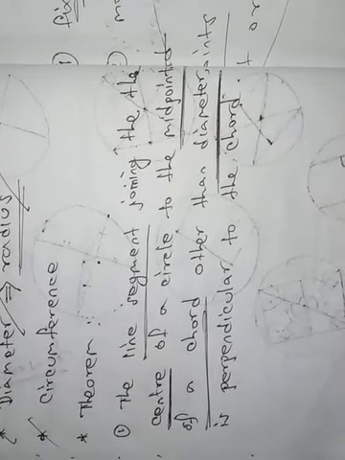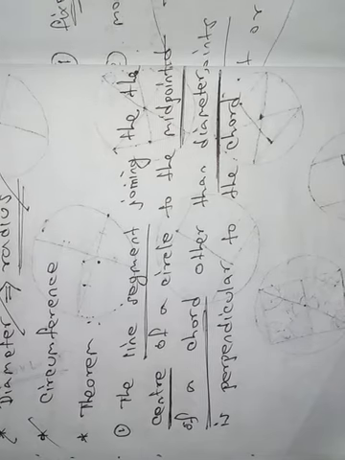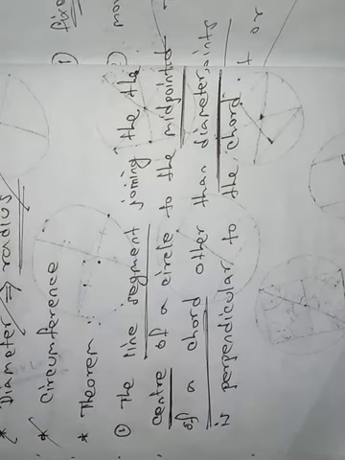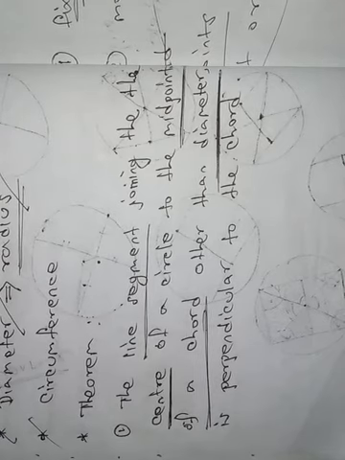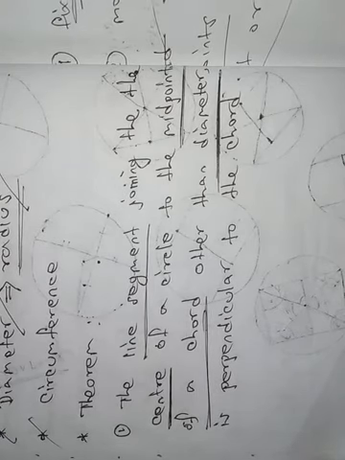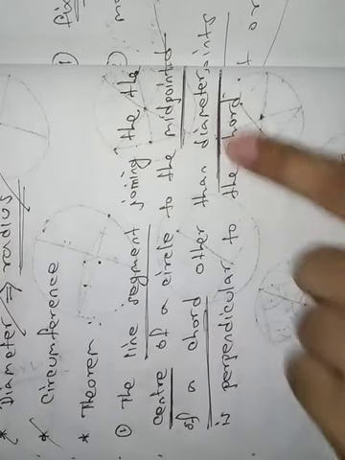We have seen so far that every chord is not a diameter, but every diameter is a chord. So we have to choose a chord in a way that is not a diameter.